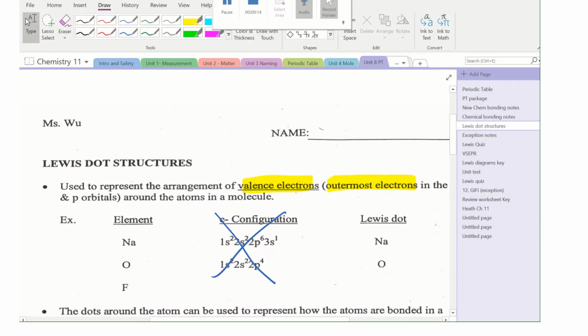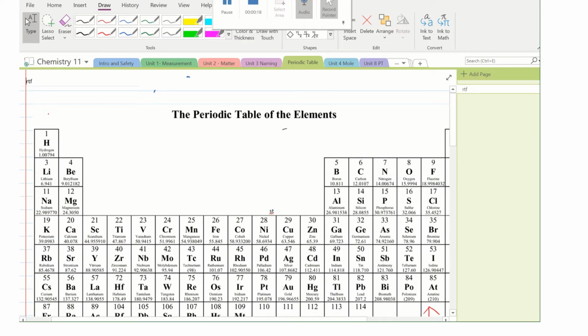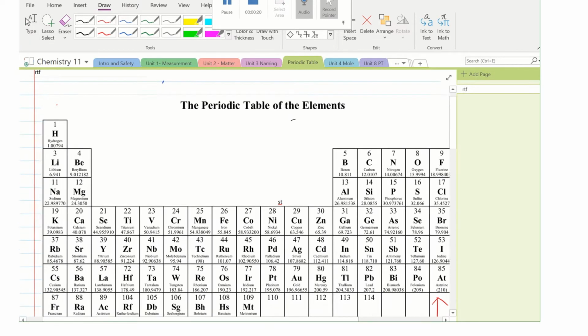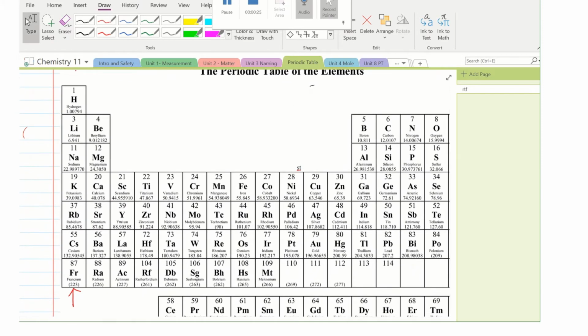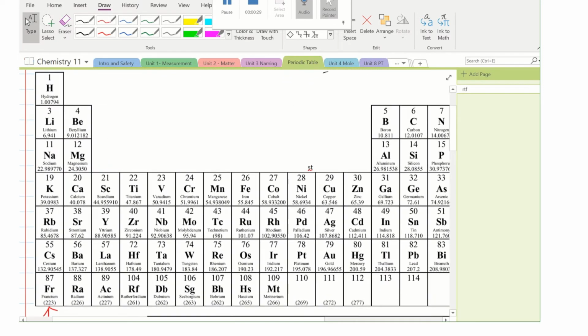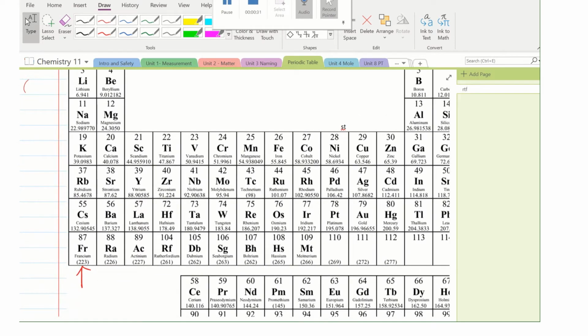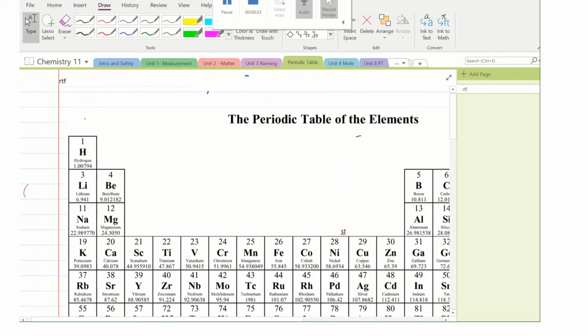So to go back to valence electrons, there's a quick way for you to figure out how to count them. Please take out your periodic table, and remember you learned about the different families. For the first family, the alkali metals, they have one valence electron on the outermost shell.